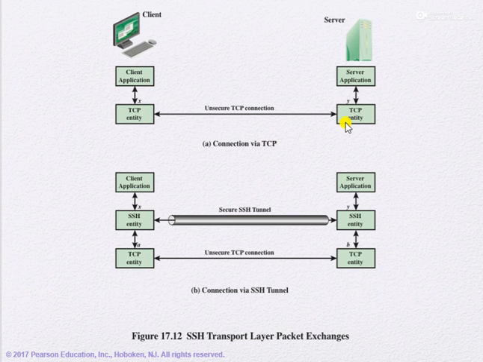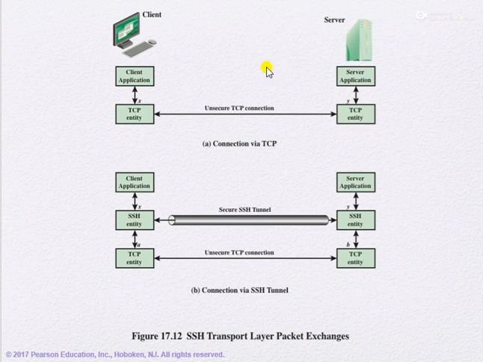So the local TCP entity negotiates a TCP connection with the remote TCP entity, and then the connection will link this local port, on the client side we call it local port, and on the server side it is remote port Y. So this connection is established from local port X to remote port Y. Okay, this is a normal TCP connection.